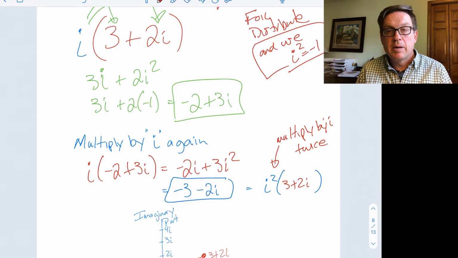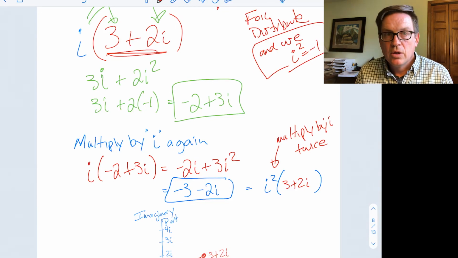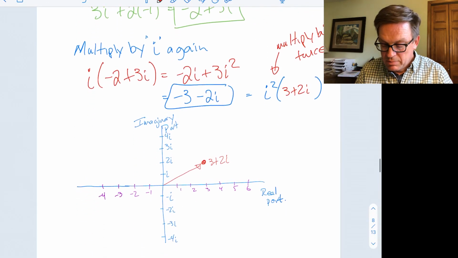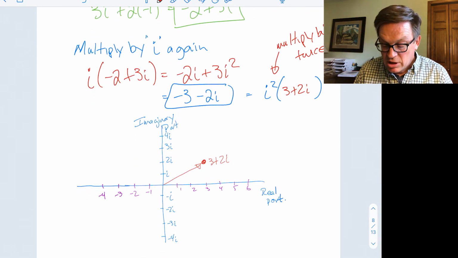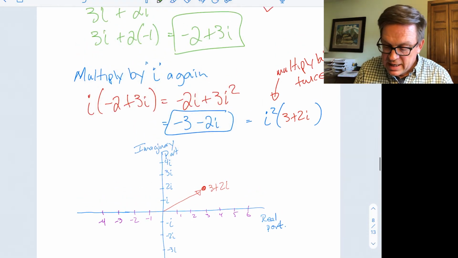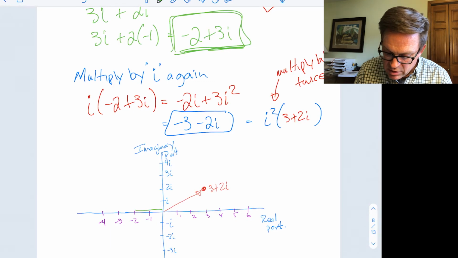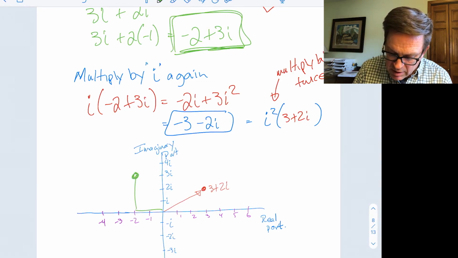So I want you to think about multiplying by i. I go from the 3 plus 2i in red, and I get the green negative 2 plus 3i, and then if I multiply again, I get negative 3 minus 2i. What does that look like on this coordinate plane? I start with 3 plus 2i, and then I multiplied by i, and I got minus 2 plus 3i, up here.